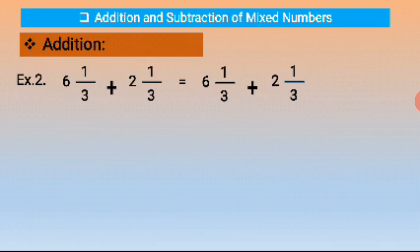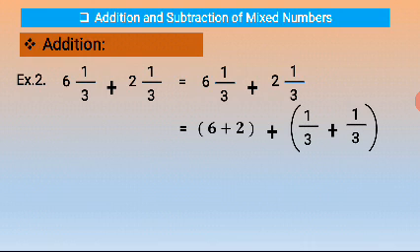Next step is equal to, first we take a group of whole numbers, that is 6 and 2. So in a bracket 6 plus 2, plus, next bracket the sum of the fractions. There are two fractions, 1 upon 3 and 1 upon 3. So we write 1 upon 3 plus 1 upon 3.